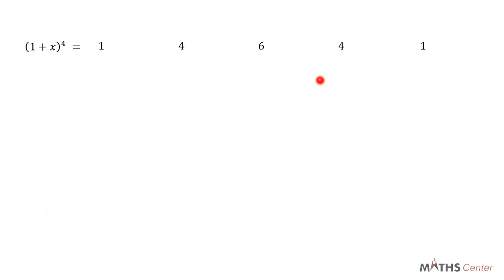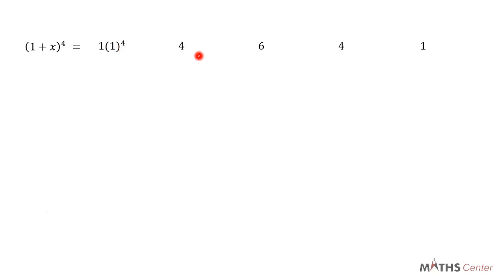Okay. Then, after writing the coefficients, you take the first term in the binomial expression and you give the exponent on the expression to it. So here, the first term in the binomial expression is 1. We will give the exponent to it. So in the first term here, 1 will have an exponent of 4.